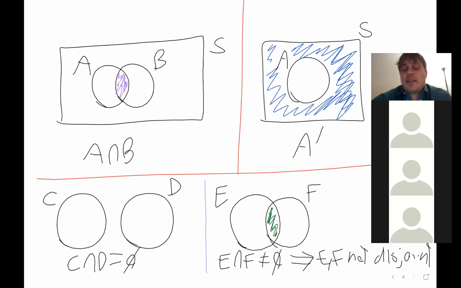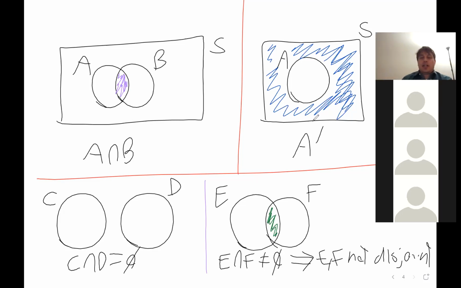Okay, so E and F as sets are not disjoint when their intersection is not empty. Something being in the intersection implies that they are not disjoint sets. But here they are disjoint because there's nothing in the intersection. They don't overlap, right?